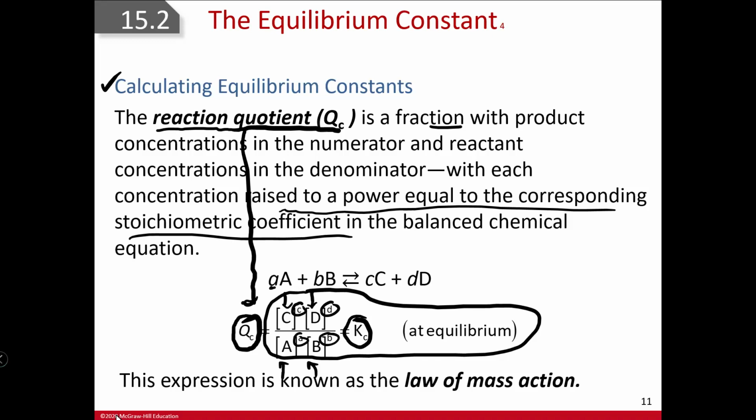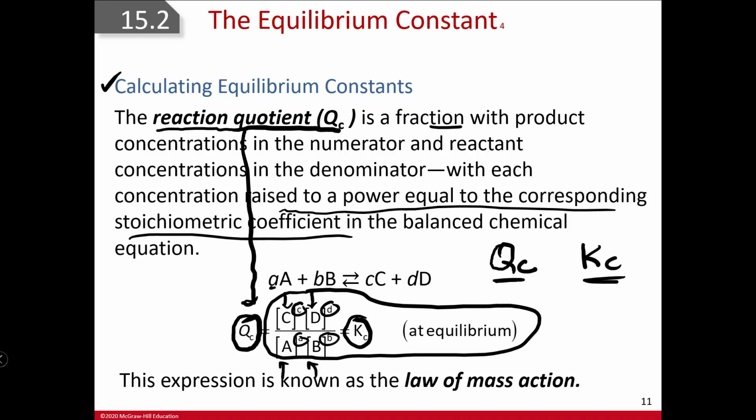So what we're going to be doing is comparing the initial concentrations placed in this equation to the equilibrium constant. Again, what's the difference? If it's not equilibrium concentrations in the expression, then it's called reaction quotient. If, when we plug that in, it equals the equilibrium constant, then those are equilibrium concentrations.